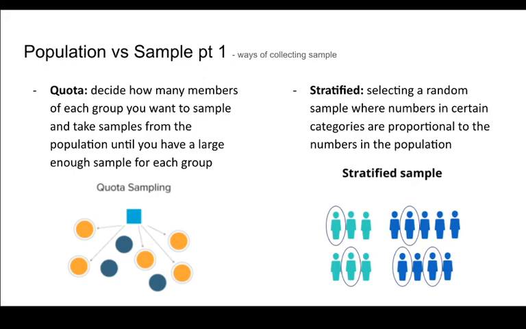Stratified is similar. It considers the proportions, but instead of taking samples without randomizing, this time stratified also randomizes. So in each subgroup, they do randomization to pick the sample.